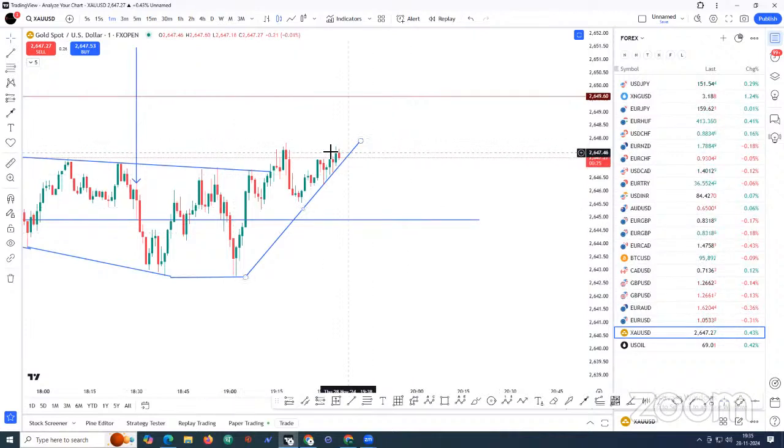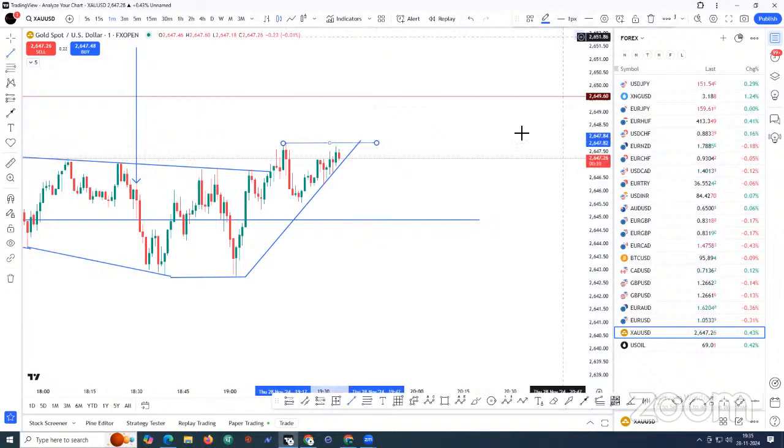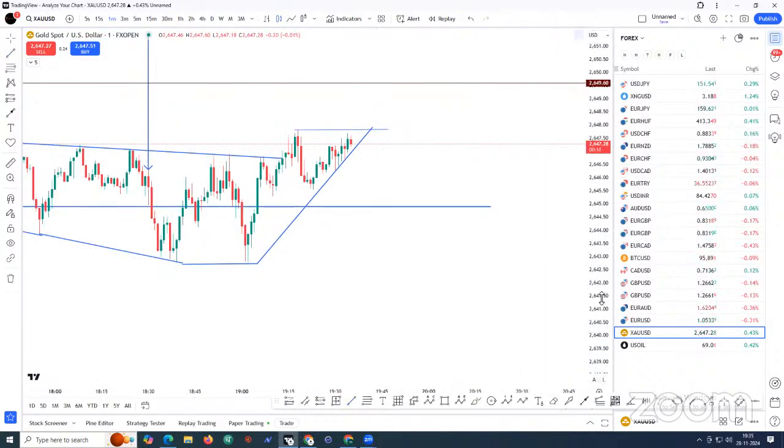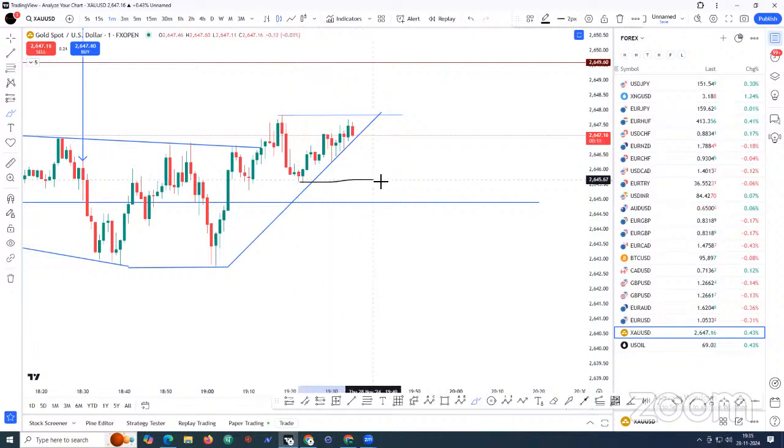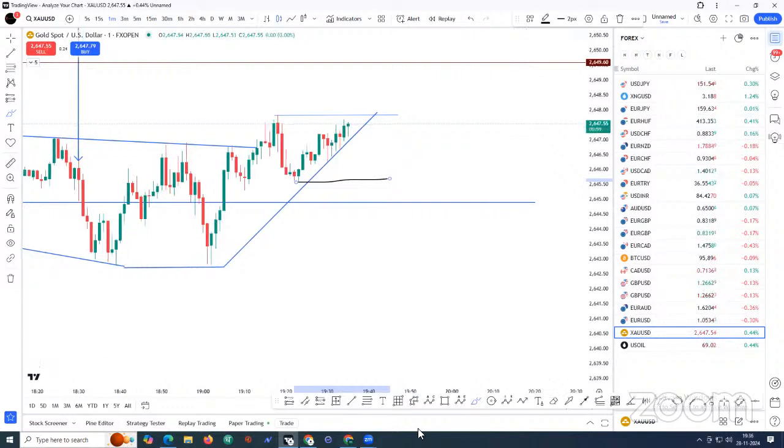So here also, once it comes near the high, or at least a smaller change of character will be here. So once it is done, we would like to take a sell call. Otherwise, we'll watch how it goes.